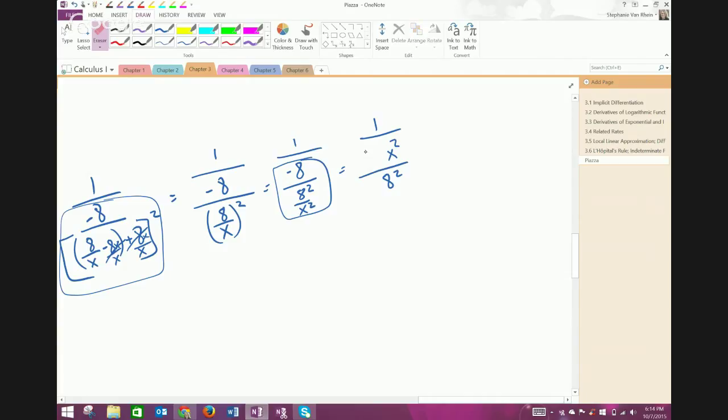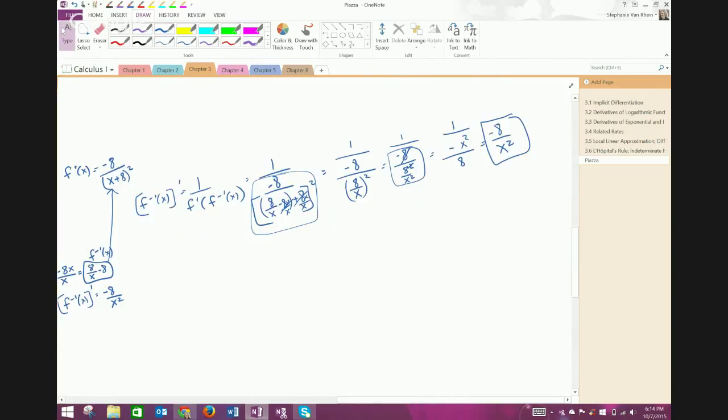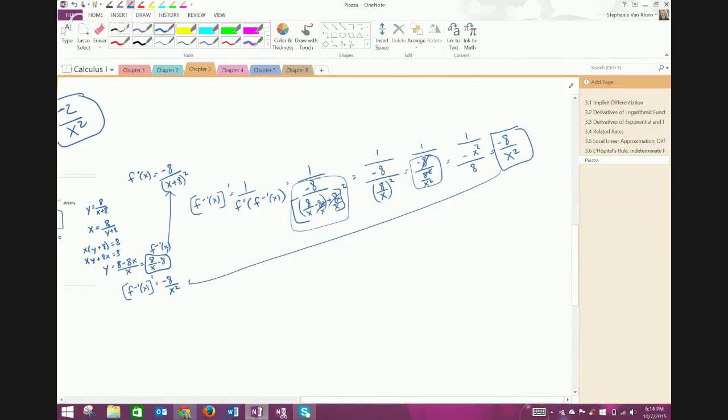The squared goes away, so if I cancel that, flip and multiply, I end up with the exact same answer as I would get by taking the derivative of the inverse function. So anytime you can find the inverse function, you can just differentiate straight from there, or you can use this formula.